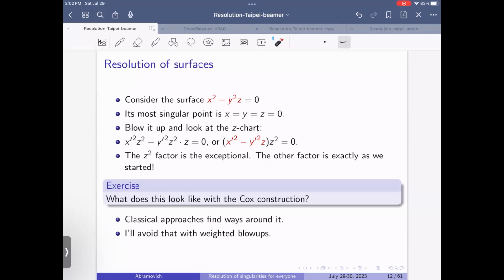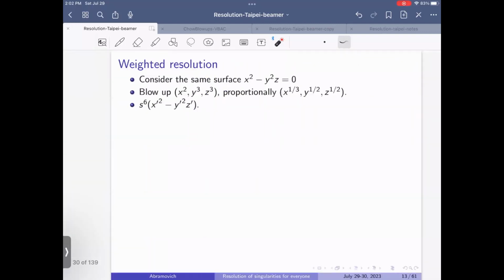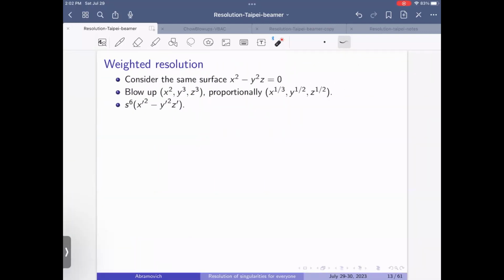So of course, we know how to resolve singularities of surfaces. Classical approaches have ways to go around this problem, but I don't want to discuss it. I want to discuss the method using weighted blowups, which is still based on Hironaka's approach, but with the addition of weighted blowups. So consider the same equation, but now I want to blow up something that keeps track of which degree each variable appears in. Remember, however, this is not the way I wrote the center for weighted blowup.